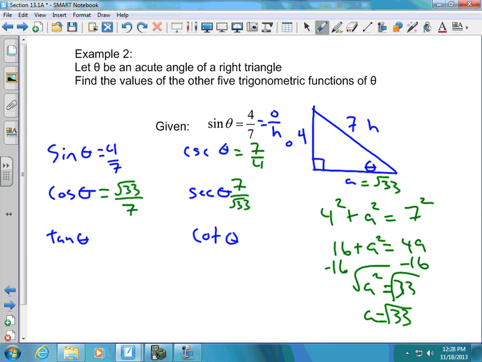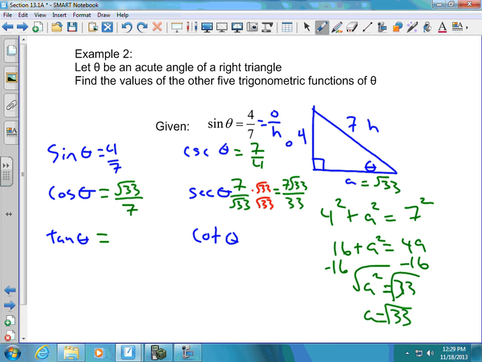How do you get rid of square roots in the denominator? You multiply the top and the bottom by whatever that square root value is. So we end up getting 7 square roots of 33 over the square root of 33 squared. What is the square root of 33 squared going to be? It's just going to be 33. So secant of theta is 7 square roots of 33 over 33.